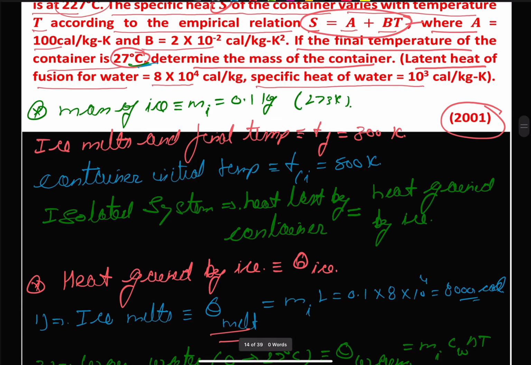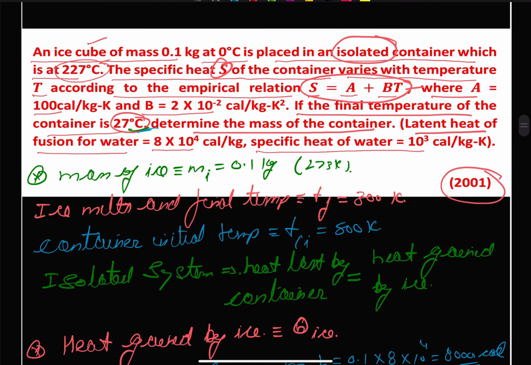And TCI is the initial temperature of our container, which is about 500 Kelvin.